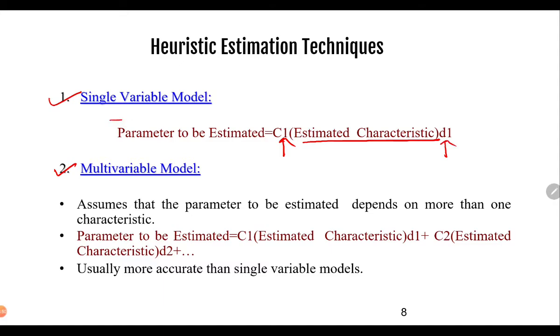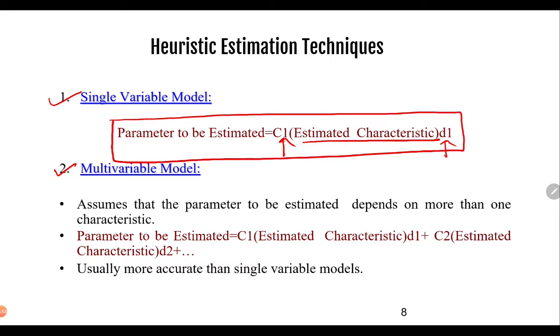So this is just a formula for the single variable model where each of the parameters is estimated using just one characteristic. However, in the multivariable model, we assume that the parameter to be estimated depends on more than one characteristic, and hence we will be using multiple characteristics augmented by the constants again.